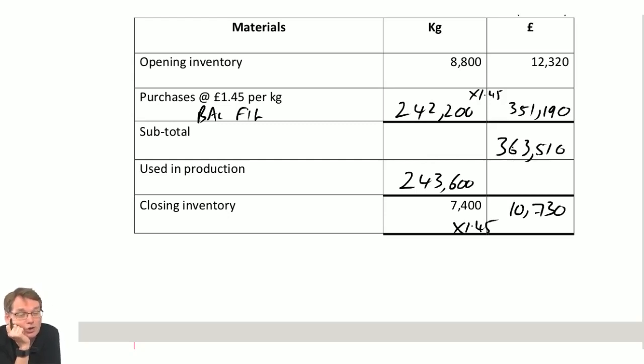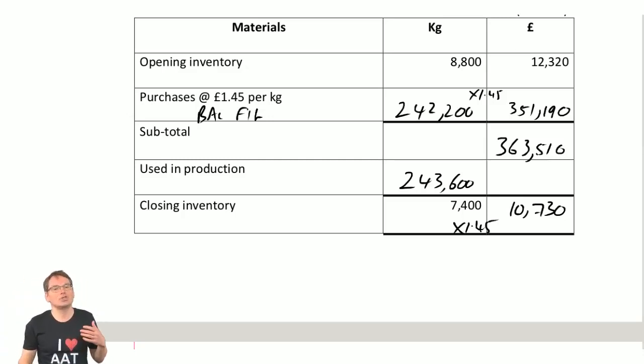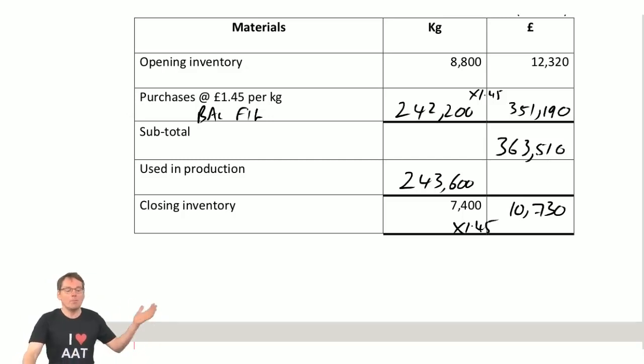That's not correct, or it might not be correct. That's a better way of saying it. And the reason is, in our opening inventory, there might be some materials that we bought at a cheaper price, that perhaps the prices were lower last month. So we might have bought them at a cheaper price, but we've used them this month.